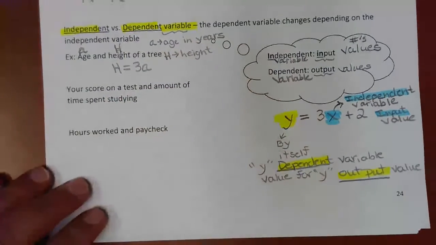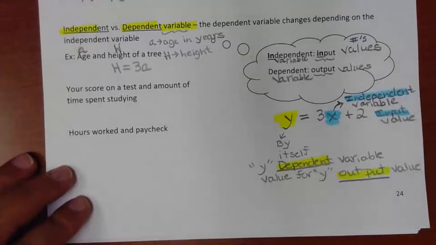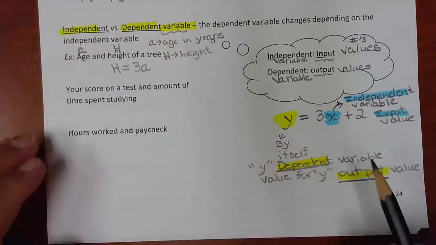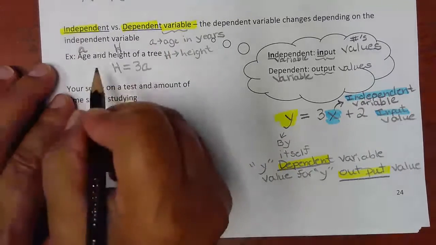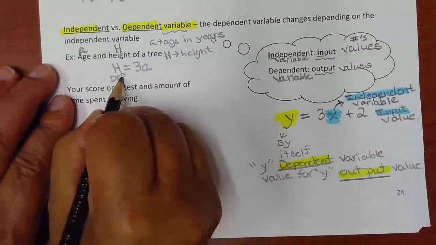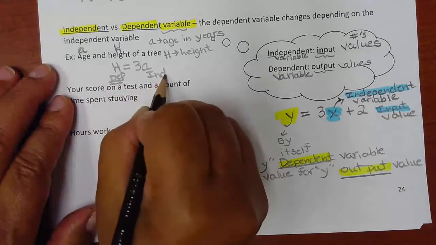See, sometimes if you can write this worded expression as an equation, then it's easy to tell which one is the dependent and the independent variable, and they're asking you that. Which one's the independent versus the dependent? And I had told you that the dependent variable is the one that's by itself always. So this is the dependent variable, and this one is the independent variable.